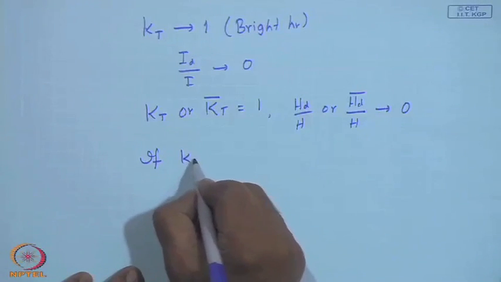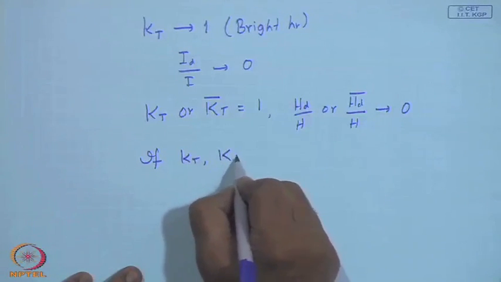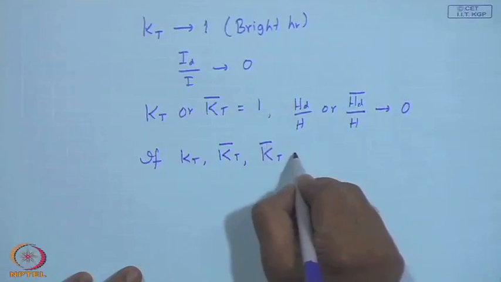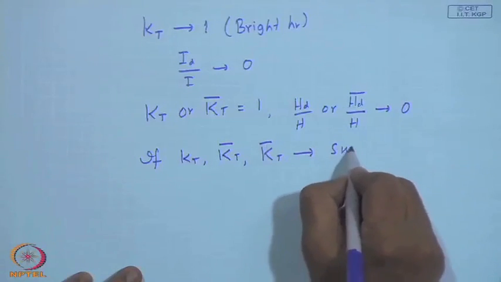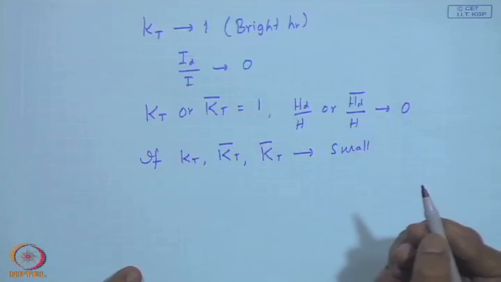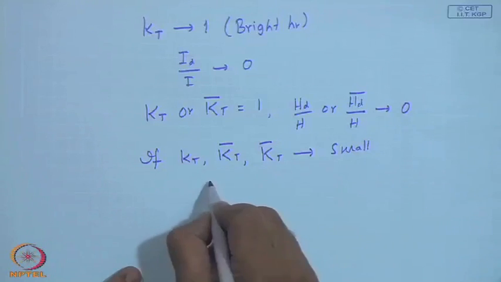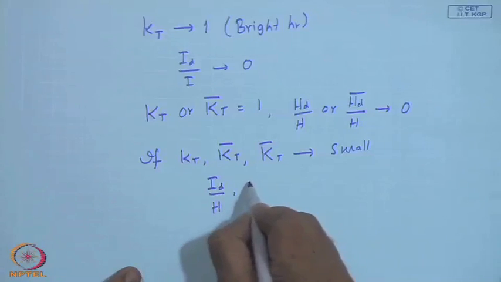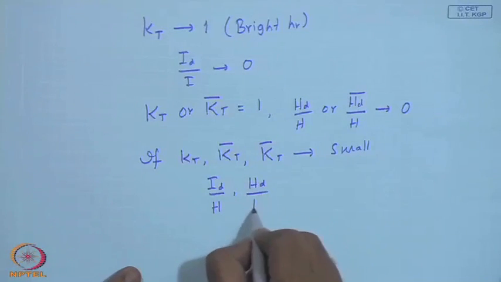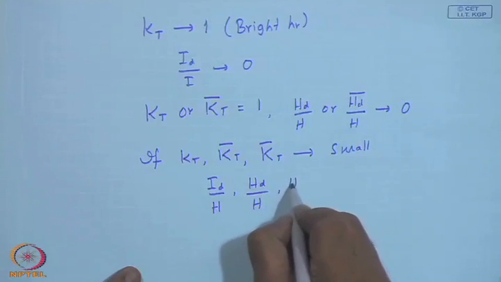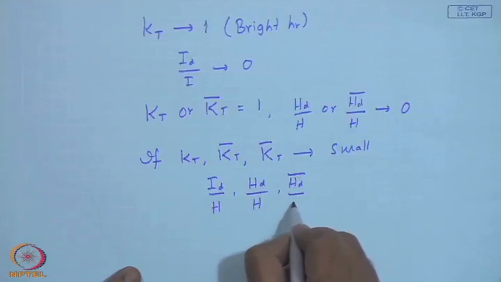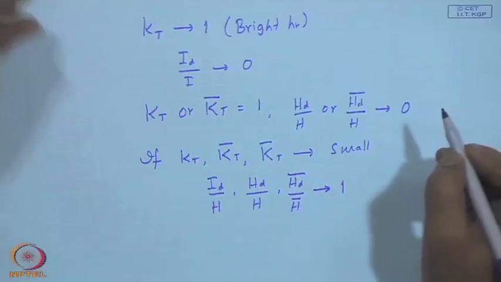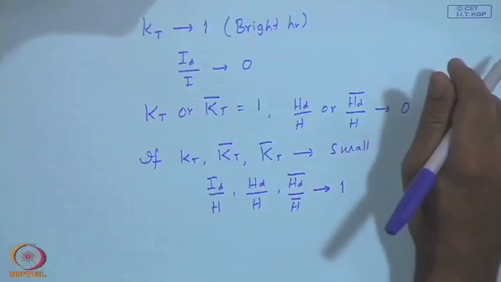If K T, capital K T, is small, I will not write 0, okay. Then I can expect this diffuse fraction tends to be unity.